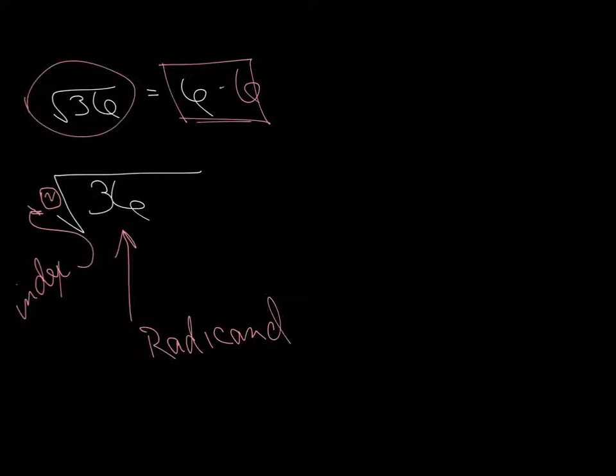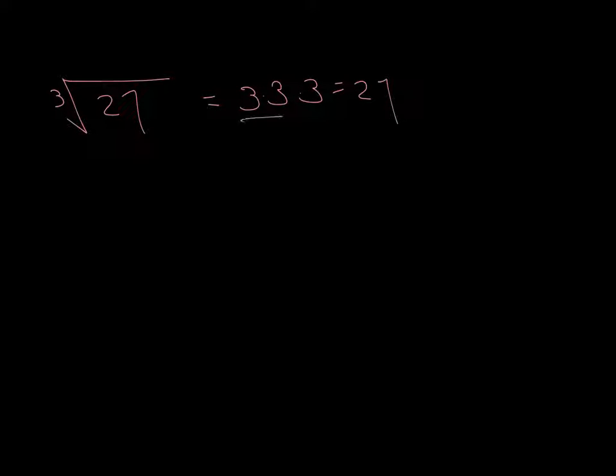So what do you think a cubed root means? That means what number multiplied by itself 3 times is going to give me 27. 3 times 3 is 9, 9 times 3 is 27. So the cubed root of 27 is 3.